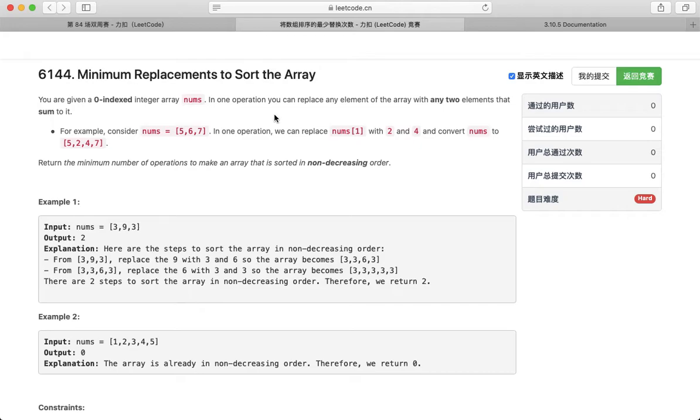Any two elements that sum to... So it doesn't have to be elements in the array, I guess. And like it's replaced in place. Oh gosh. It's complicated. I feel like it's a greedy thing.